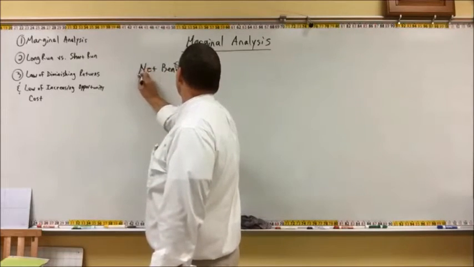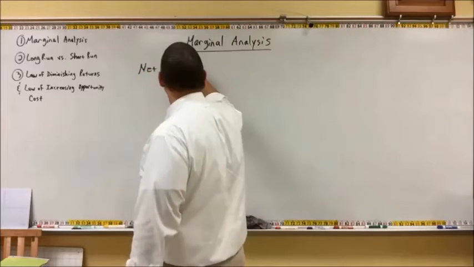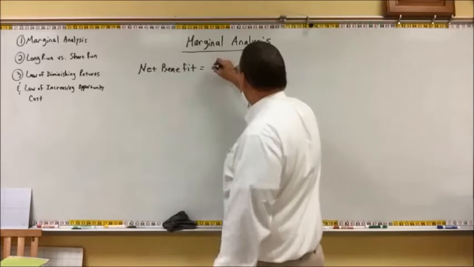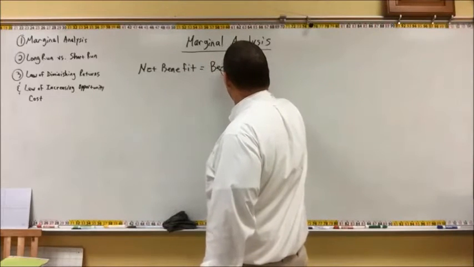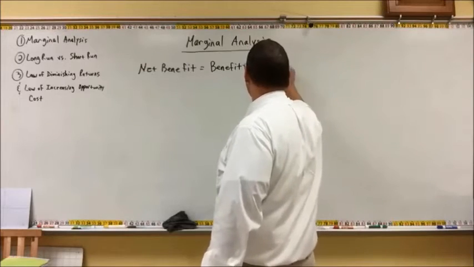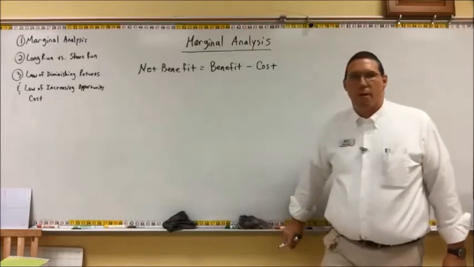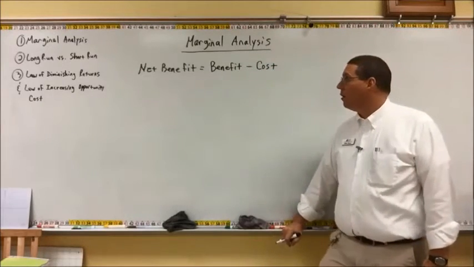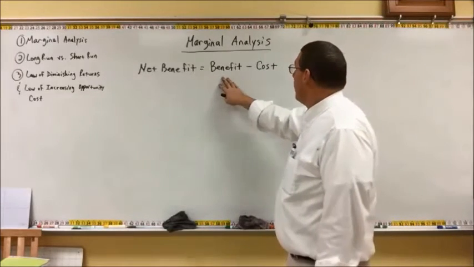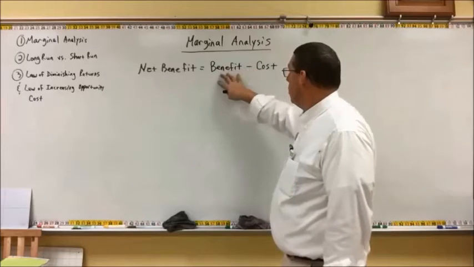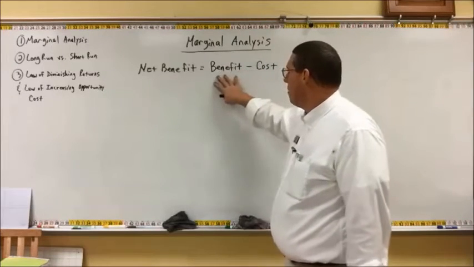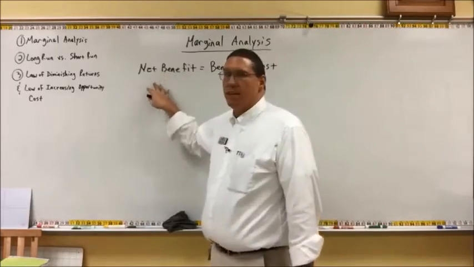Net benefit is equal to the benefit that you get from doing something minus the cost. So anything you do, or anything a business does or a household does, there's a benefit to the thing that they do, hopefully, and then there's a cost associated with achieving that benefit. And when you subtract the cost from the benefit, whatever's left over is the net benefit.